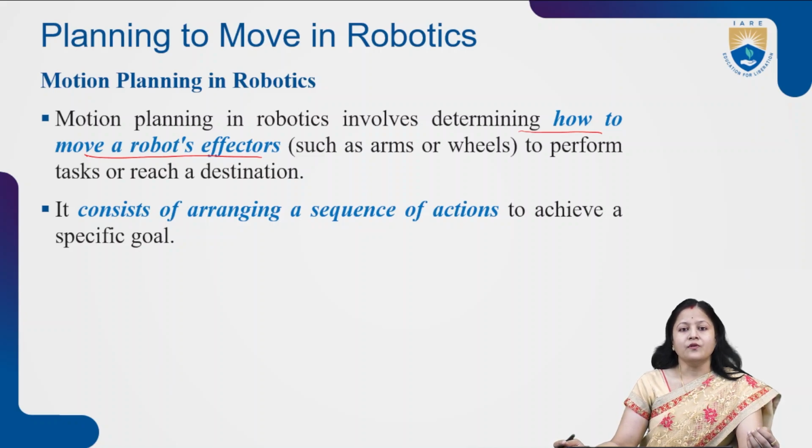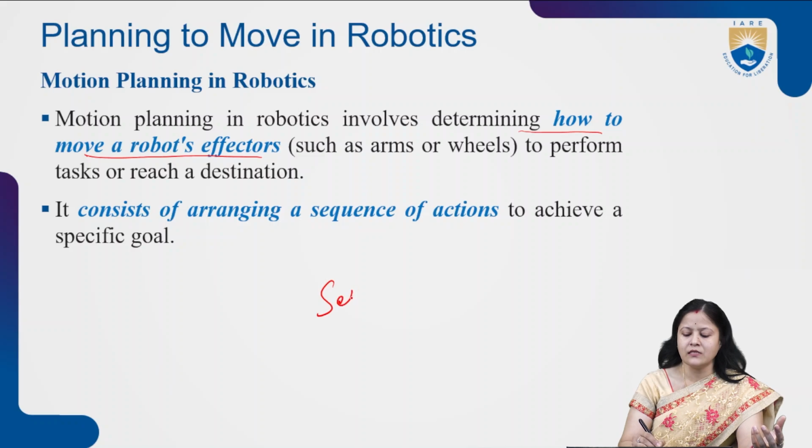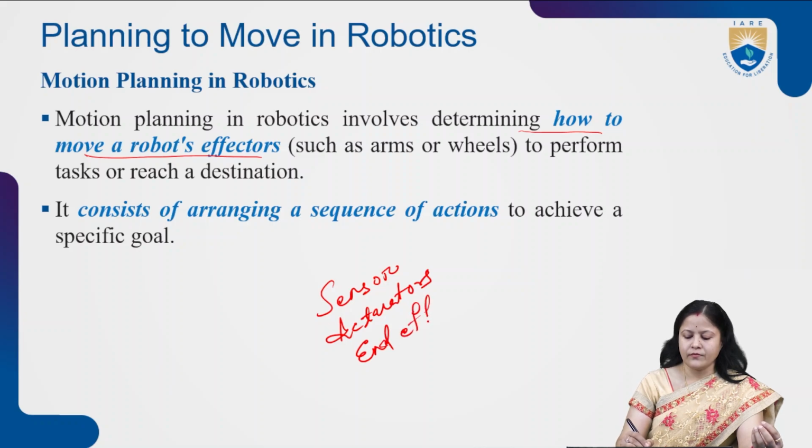In my previous videos, while discussing robotic hardware, I discussed a few hardware components of the robot, like the sensors. Sensor is one of the hardware. Another component is the actuators, and effectors.